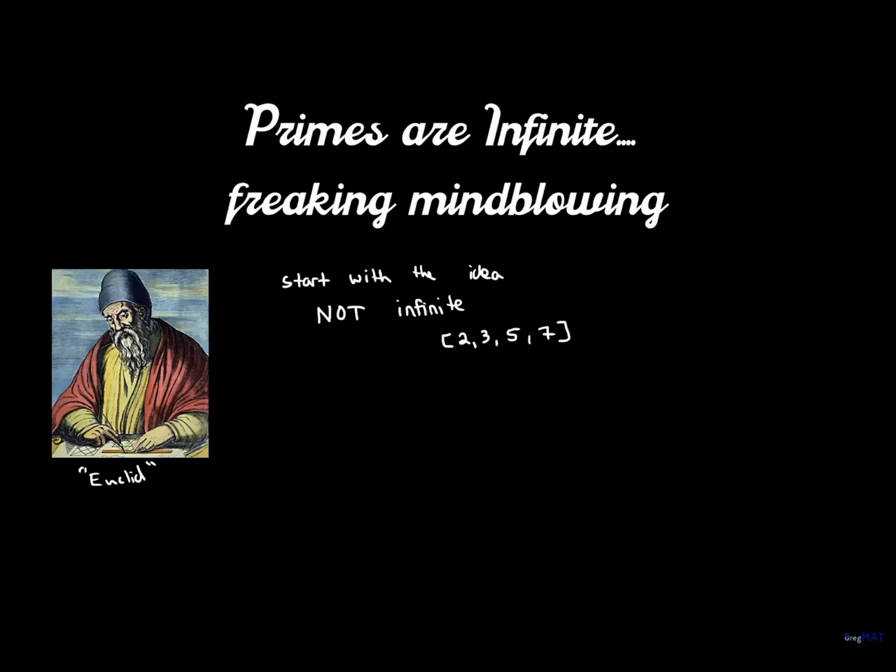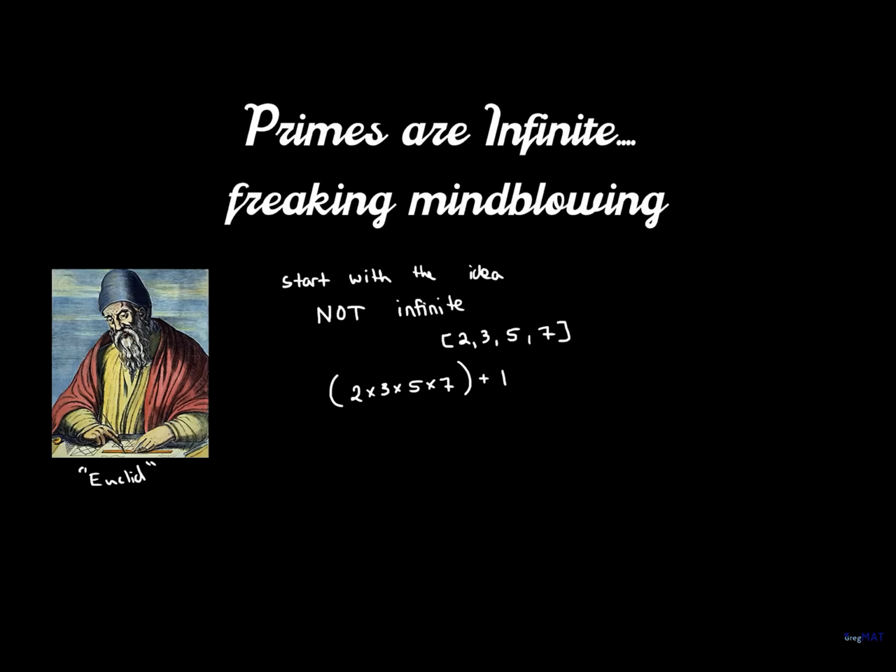Okay, these are the only primes we have. There's only 4 primes. That's all we got. So what Euclid did is he said, okay, if these are all the primes, what I can do is I can multiply all of these together, 2 times 3 times 5 times 7, and then I can add 1.